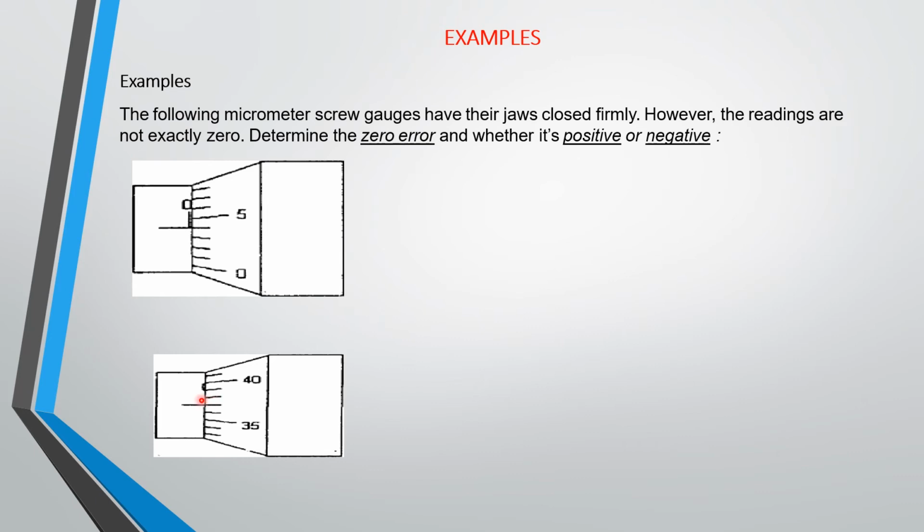If it is to the left of the 0 mark on the main scale, then your zero error is negative. Please take note of this. This is very key. That's why I brought these two examples, so that you see the difference. Know when this linear scale is to the left, and know when it is to the right. If it is to the left, then your zero error is negative.